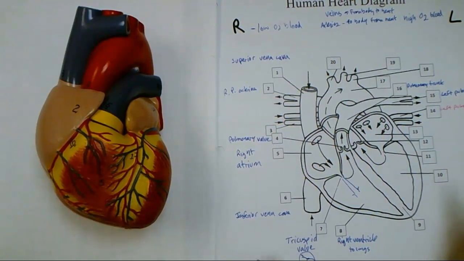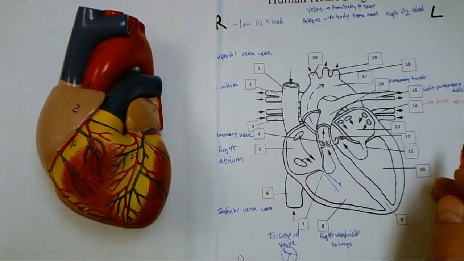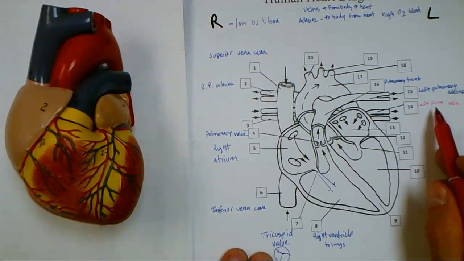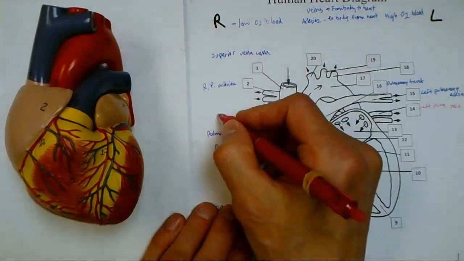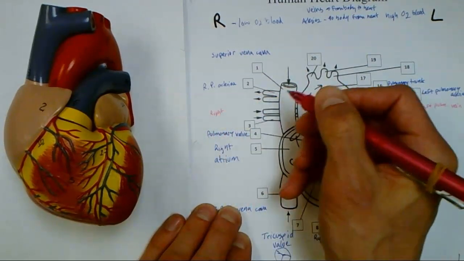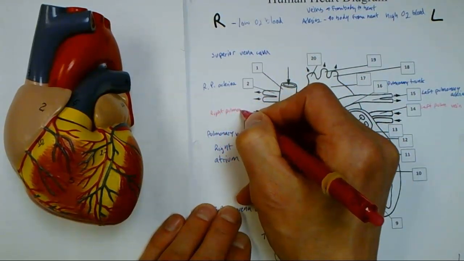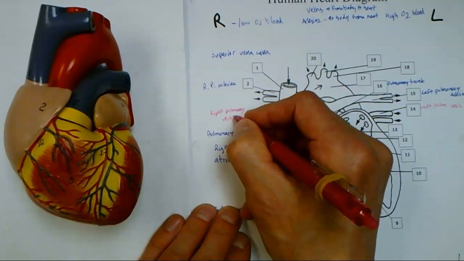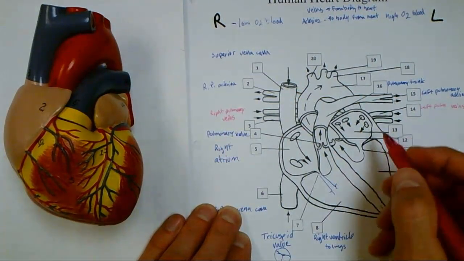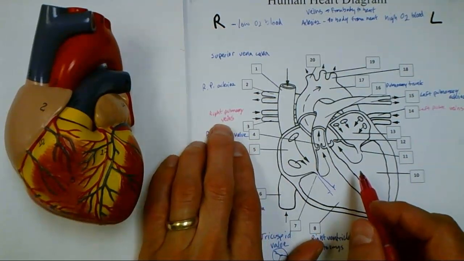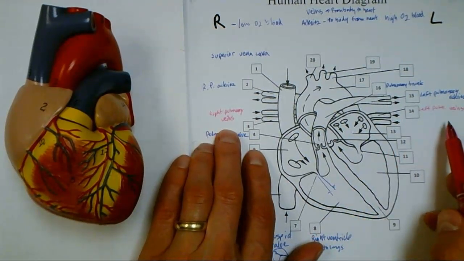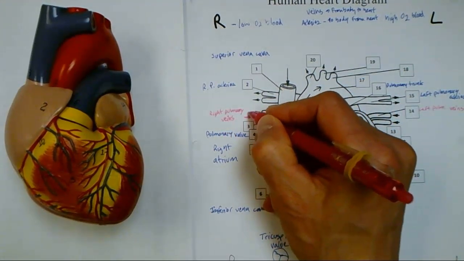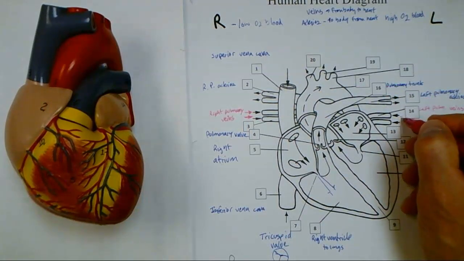And I'm writing in red now because this blood has oxygen in it. It comes from the lungs. So there's the left pulmonary vein, and this is the right pulmonary veins. There's a pair of them. The right pulmonary veins and the left pulmonary veins. And so they're bringing oxygenated blood from the lungs to the heart.